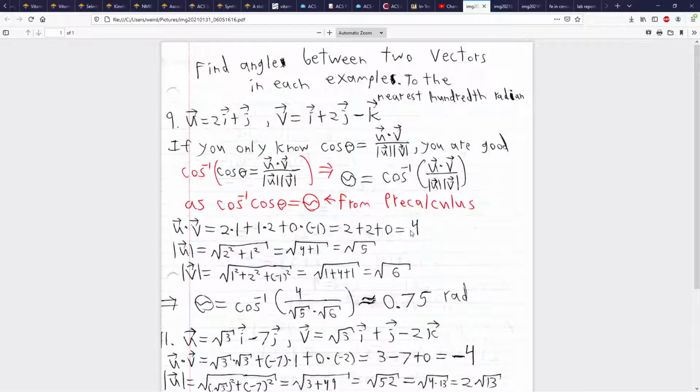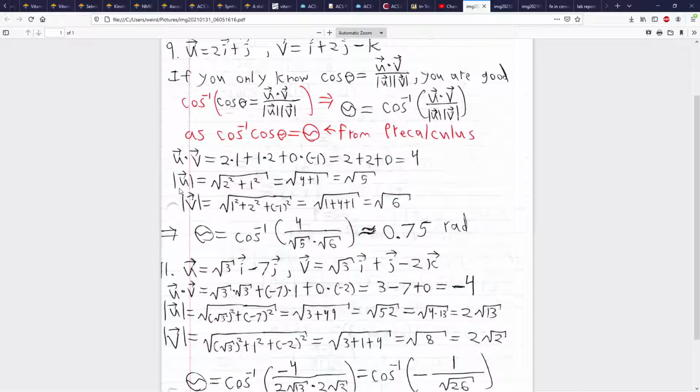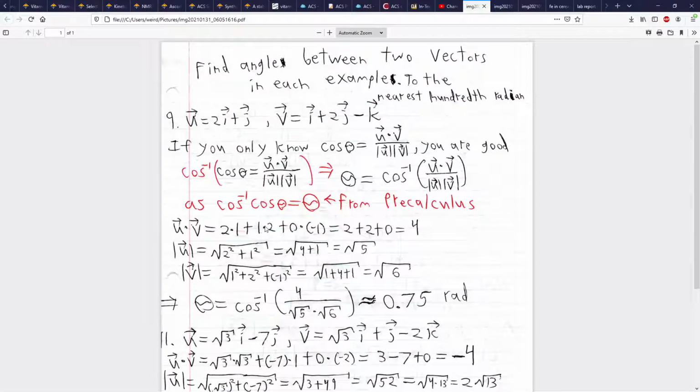u dot v is simply 4, because it's 2 times 1 plus 1 times 2 plus 0 times negative 1, and it's equal to 2 plus 2 plus 0 equals 4. And the magnitude of u is, of course, the square root of the squares of the components added together. Square root of 5, because it's 2 and 1 for u.